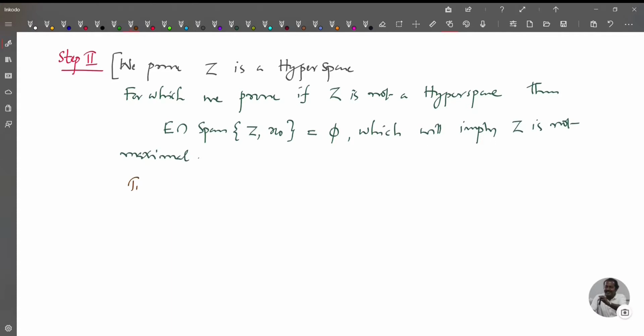So to prove E intersection span{Z, x0} equal to phi, we prove the existence of such an x0.